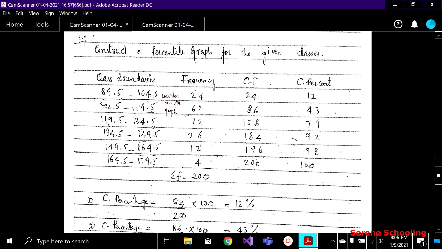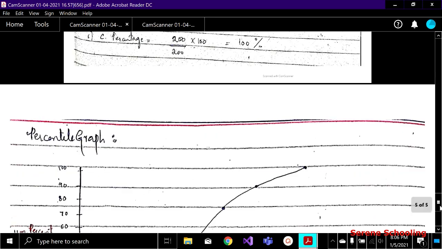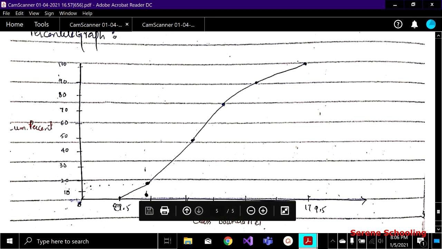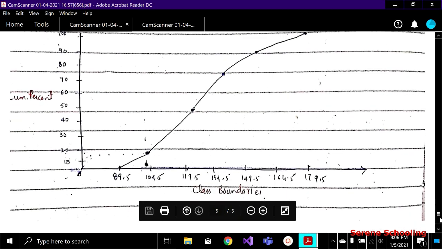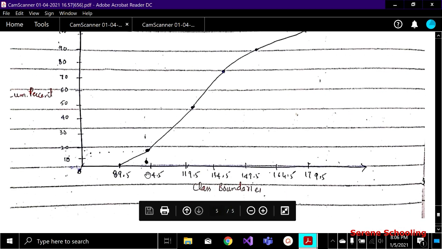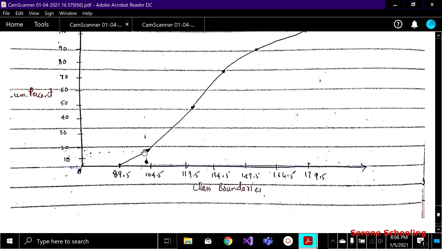Like 89.5, the graph is not marking anywhere else. Here you have seen this, right? 89.5 here, not at 12 but here. But for the next upper class boundary, I'm marking it on 12.